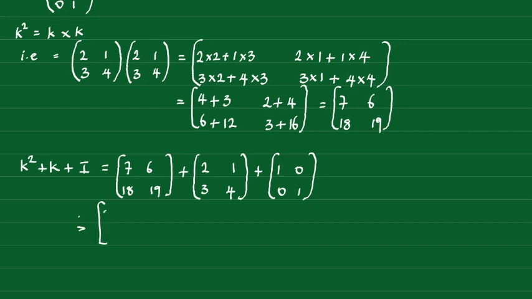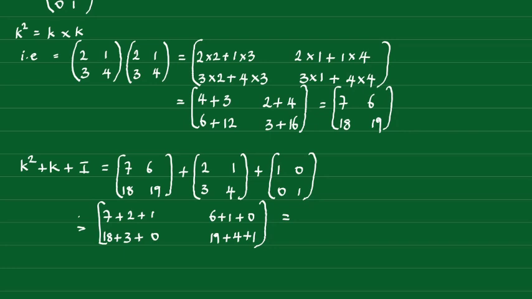Now all these will be equal to bracket open, 7 plus 2 plus 1, and we have 6 plus 1 plus 0. Next we have 18 plus 3 plus 0, and finally we have 19 plus 4 plus 1, bracket close.